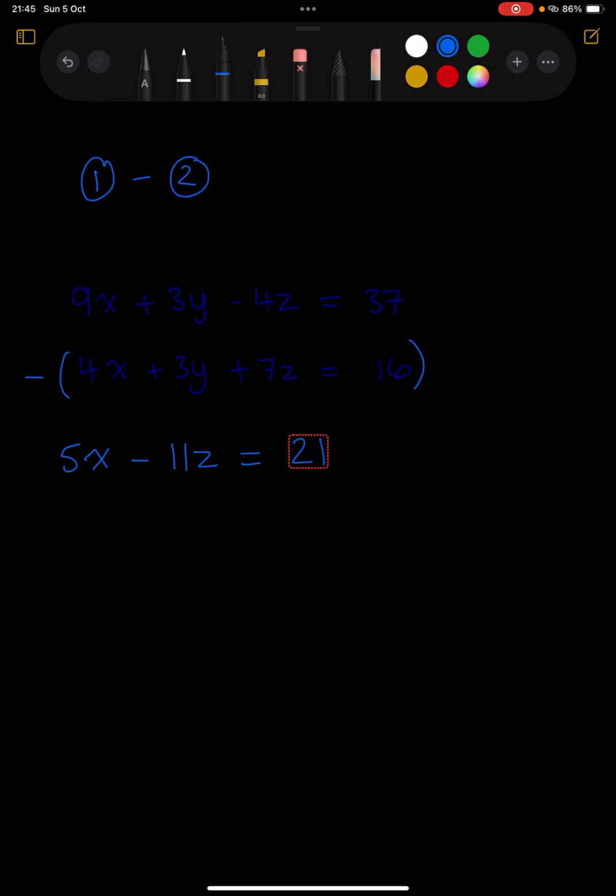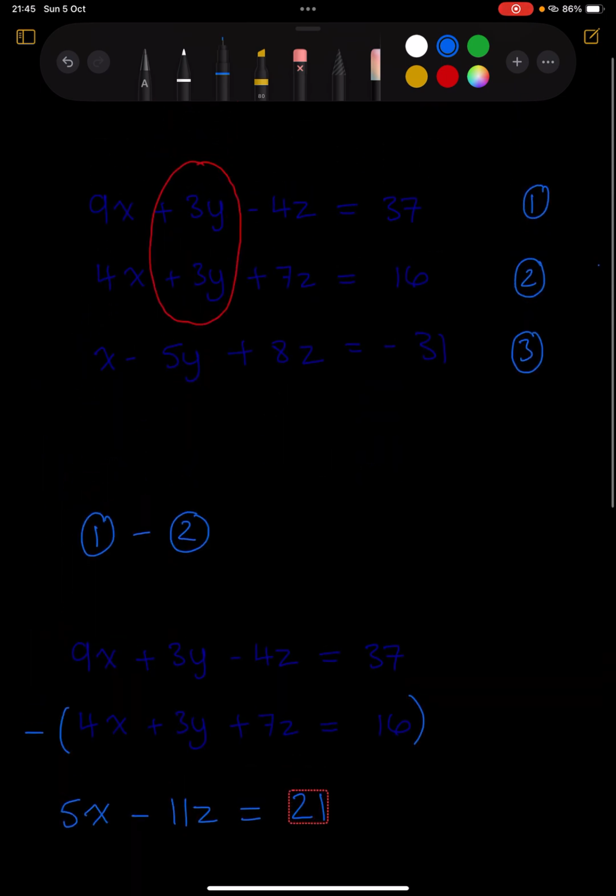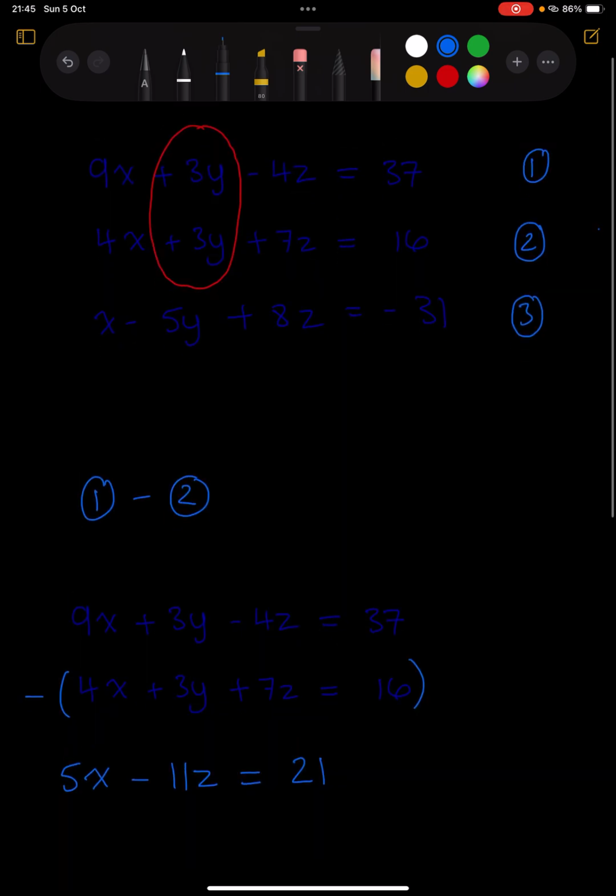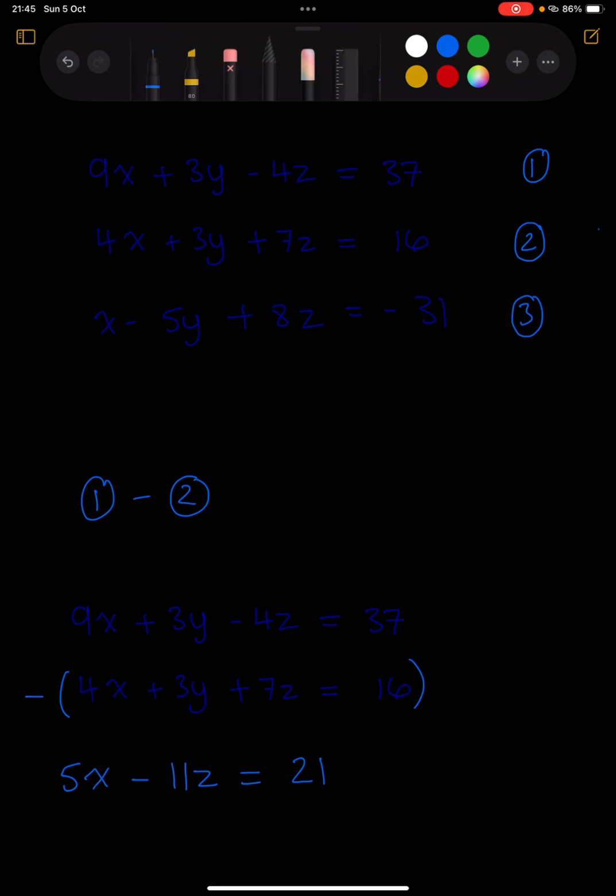Now, the only trouble is with my other equation, I still have a y, and it's not as easy to get rid of because, as you can see, it doesn't match. But that's fine. We can just manipulate one of the other equations in order for it to match. So I'm going to pair it up with equation number 2 again, because it's more positive, so less likely to make mistakes. It really doesn't matter which one you choose, though.